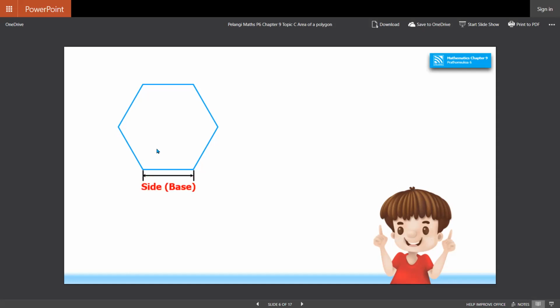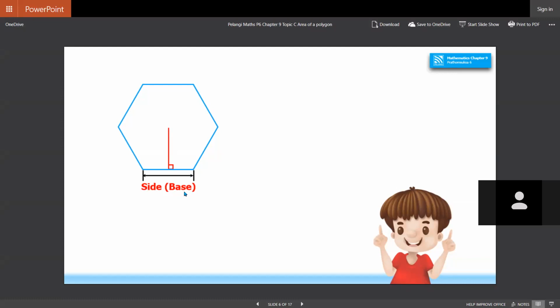Okay, so we know these are the sides. The sides, that is 1, 2, 3, 4, 5, and then 6. They are called the sides, okay? And from triangle, remember, base angles of a triangle. The bottom is called the base. Now, please pay attention.